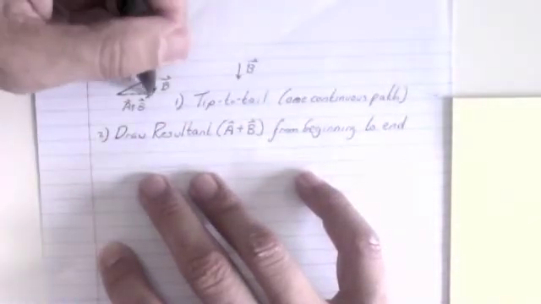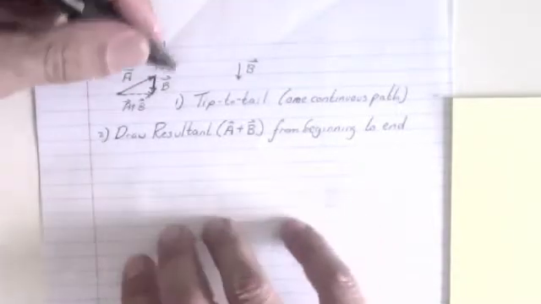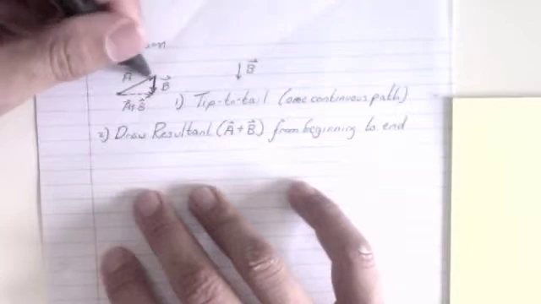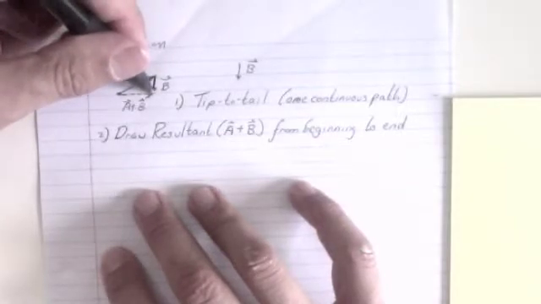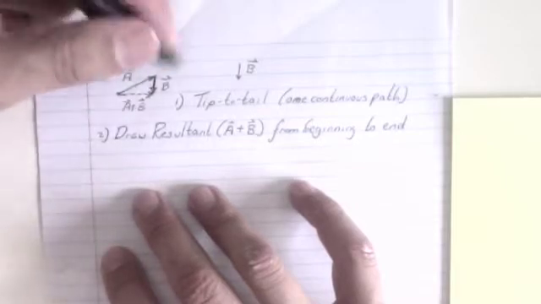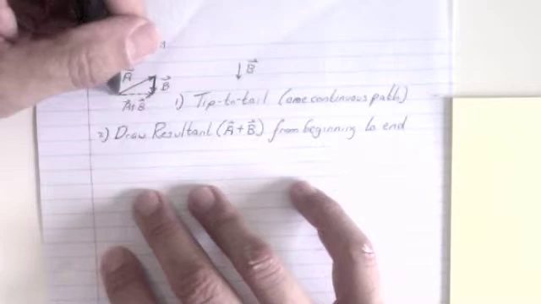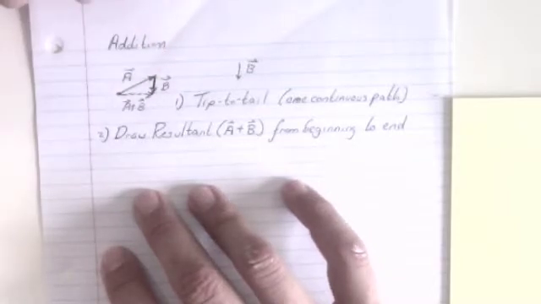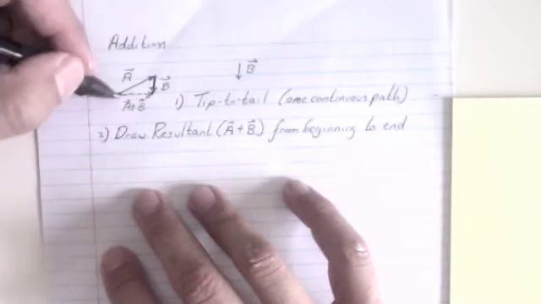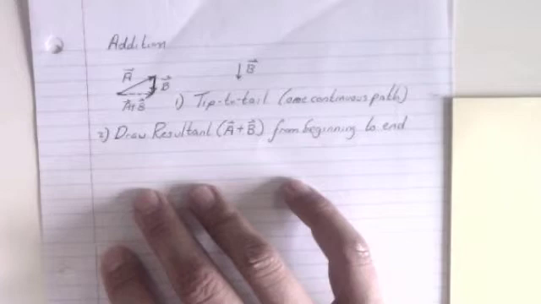In other words, you don't go from here back to here. You go from the beginning where you started to the end. Think of it this way. If I told you to walk so many steps this direction, then so many steps this direction, you'd end up here. So if I wanted to simplify that, I wouldn't say go from here to here. I'd say start here and go so many steps in that direction. And it would accomplish the same thing. Remember, when you're adding these two together, you're trying to find a resultant that replaces all this stuff.